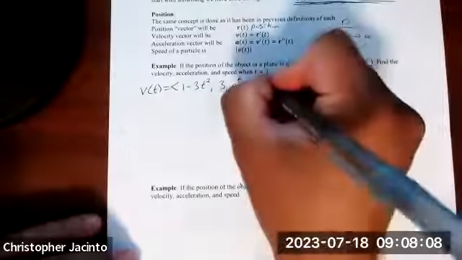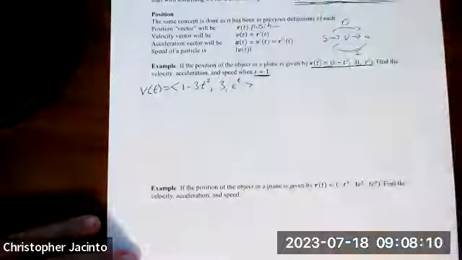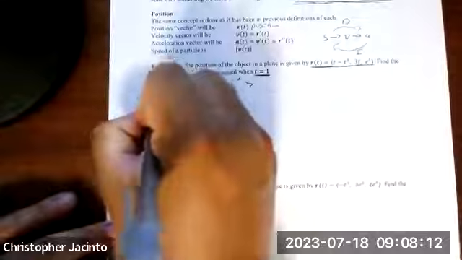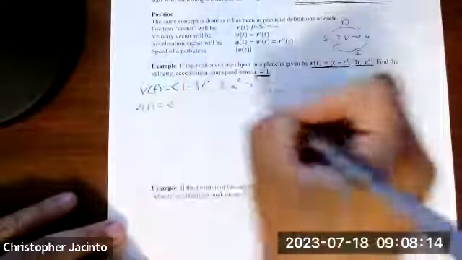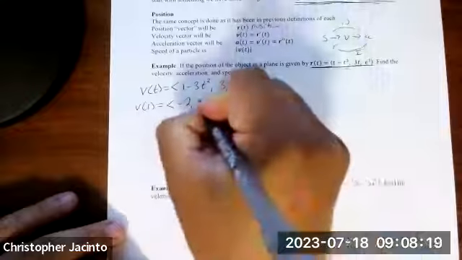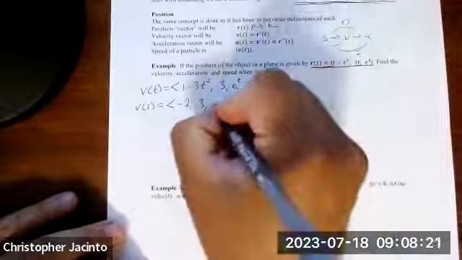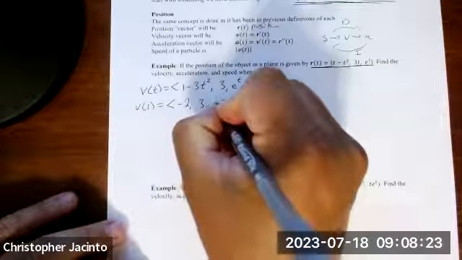Now, since we're given a t value, we just plug it in. So v of 1 is going to be the vector 1 minus 3 is negative 2, 3, and e to the 1 is just e. And there we go.